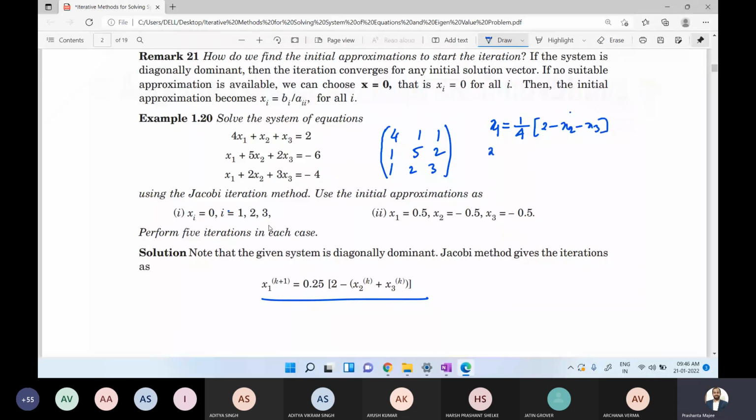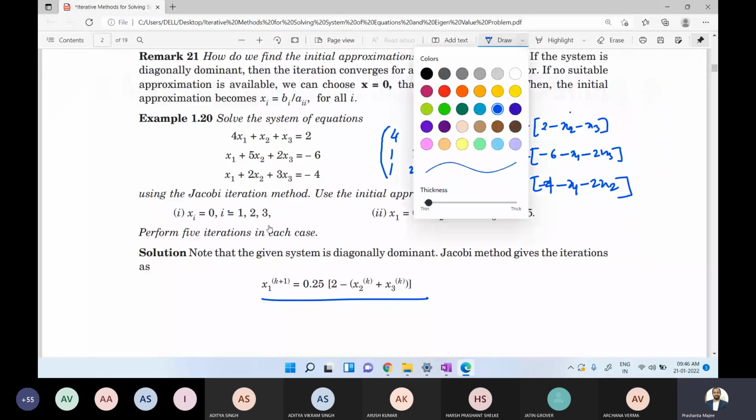x2 from the second equation will be 1 by 5 times (minus 6 minus x1 minus 2x3). Then x3 will be 1 by 3 times (minus 4 minus x1 minus 2x2). So this is the solution for x1, x2, x3 from the first, second, and third equations. Now you have to create the scheme.